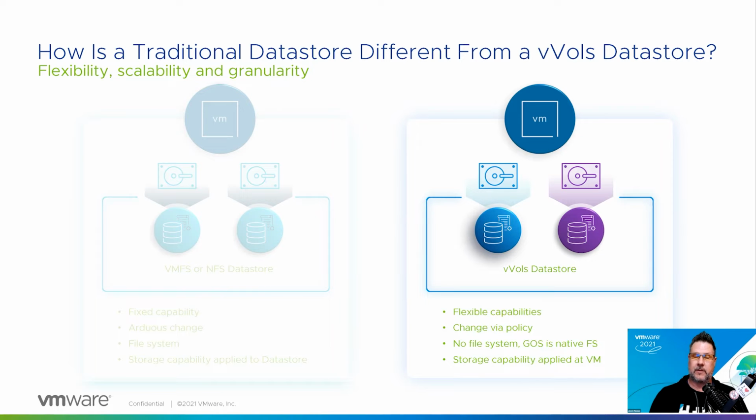You can't do a specific disk. But the big difference here is that the same VM with two separate VMDKs can have different storage capabilities on each VMDK sitting in the same vVols data store.